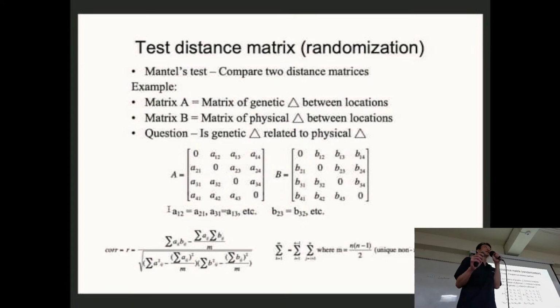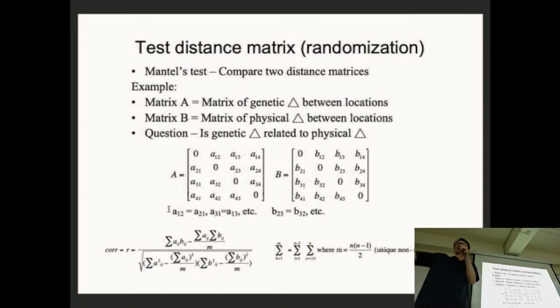Right, so this is called isolation by distance from genetics. If two sites are very far apart, the genetic distance is expected to be larger. If the two sites are close, the genetic distance is expected to be smaller. And if that is the case, it's called isolation by distance, assuming that if the two sites are very far apart, dispersal is more difficult and migration is more limited.